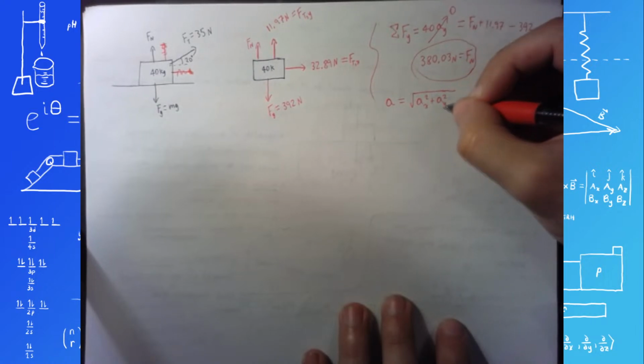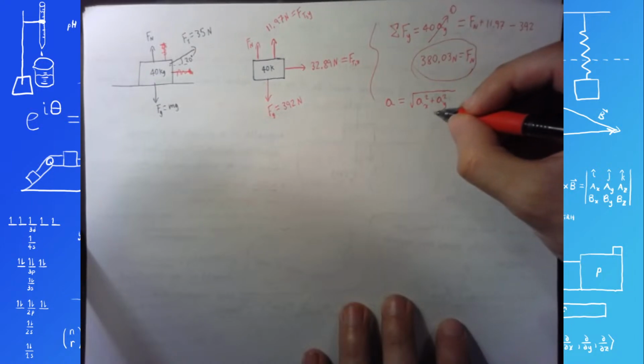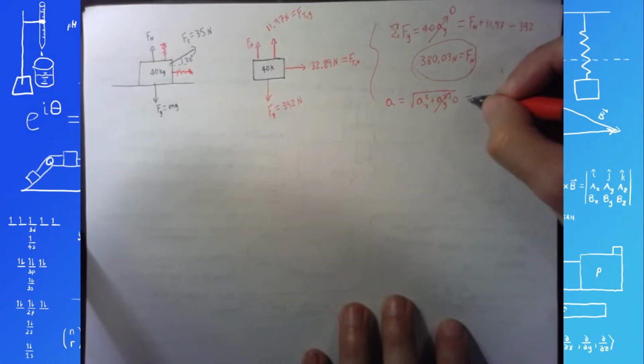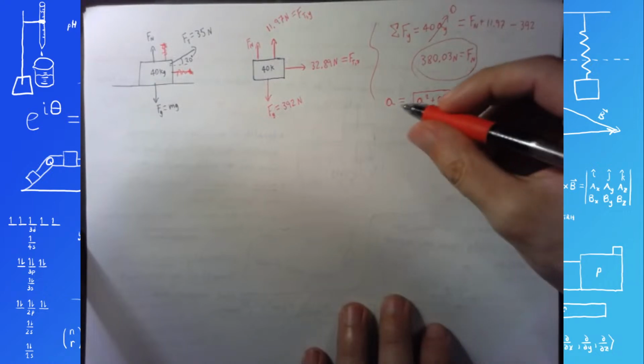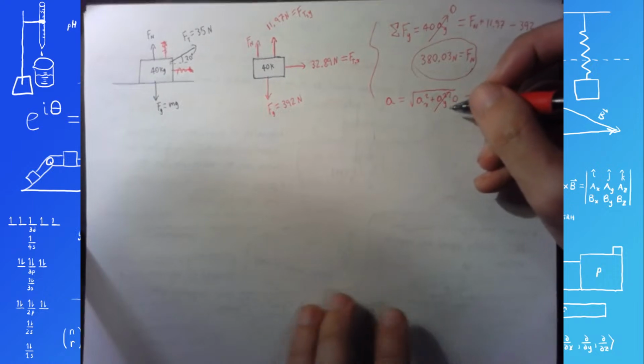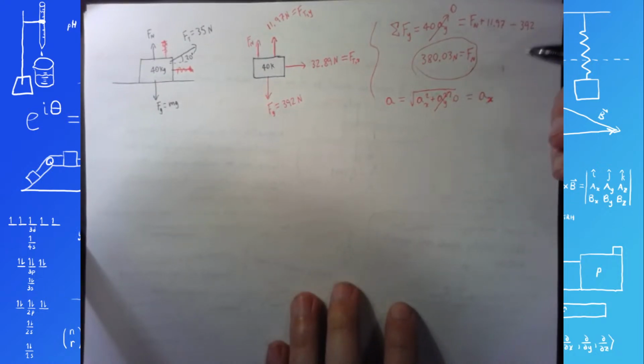This is how you would do it if there was both a horizontal and a vertical, but since the vertical is 0, this is just the square root of the horizontal squared, which is just equal to the horizontal. If the only acceleration is in the horizontal direction, then the overall acceleration is just that horizontal part. Same as with the elevator problem if all the acceleration was in the vertical direction.